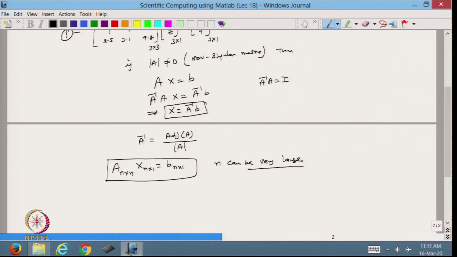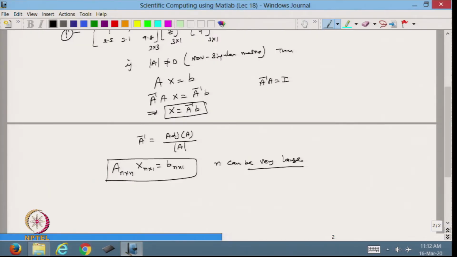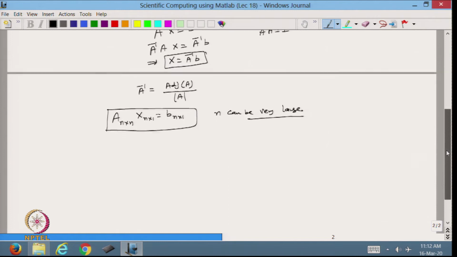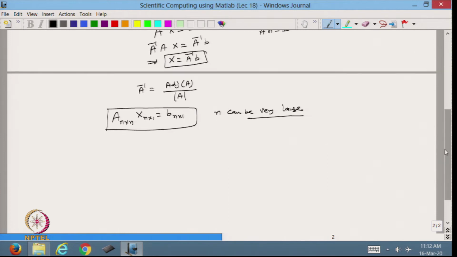In this case it is very difficult to find the inverse of the matrix, or even to find whether the matrix is singular or non-singular. Suppose somehow we find that it is non-singular, then it is also very difficult to find the inverse for a very large system, even with the help of a computer. So, in this case we are unable to solve the system this way, and we have to use different methods to find the solution of this system.